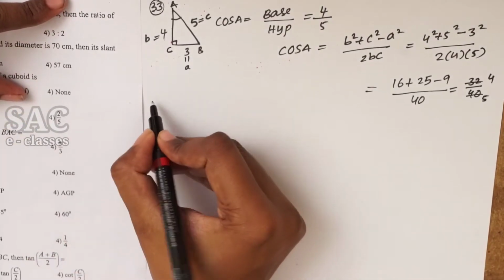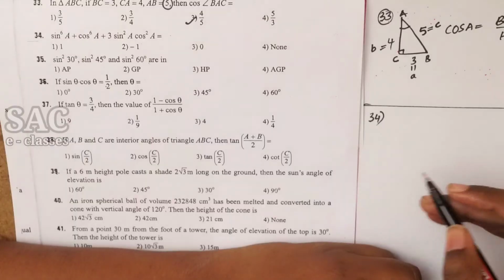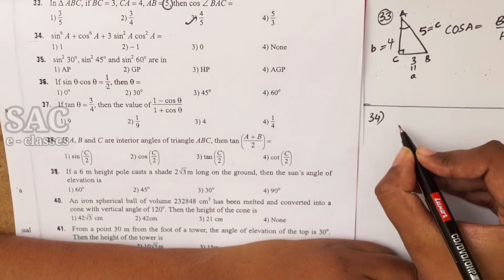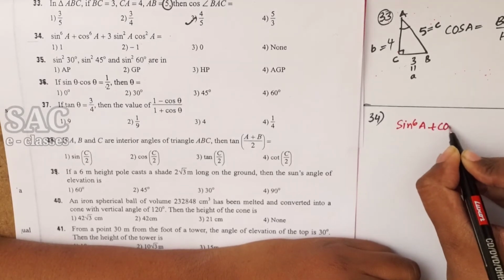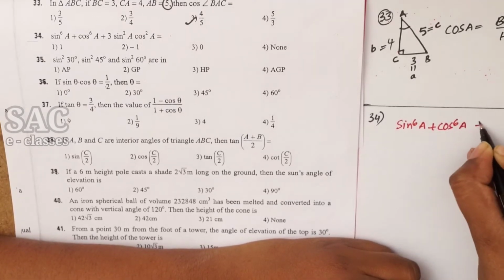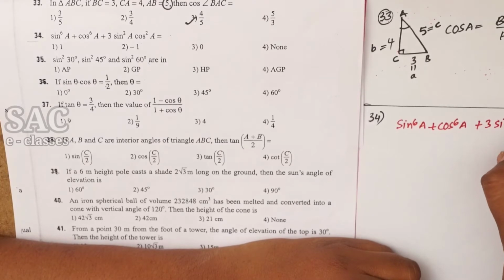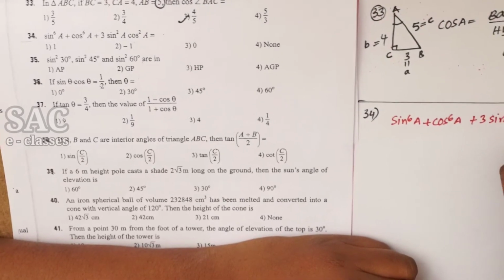Now let's move to the problem number 34. Look at the problem number 34. Sin power 6A plus cos power 6A plus 3 sin square A cos square A is there.